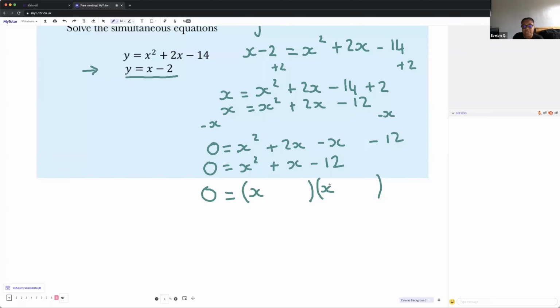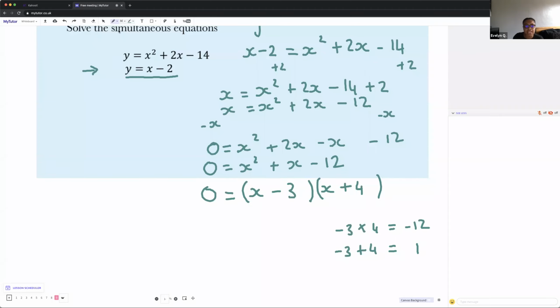Now, two numbers that multiply to make -12 would be -3 and 4, because they also add together to give me +1. So if we check that, we've got -3 times 4 gives me -12, and -3 plus 4 gives me 1. So I can put those numbers into my brackets.